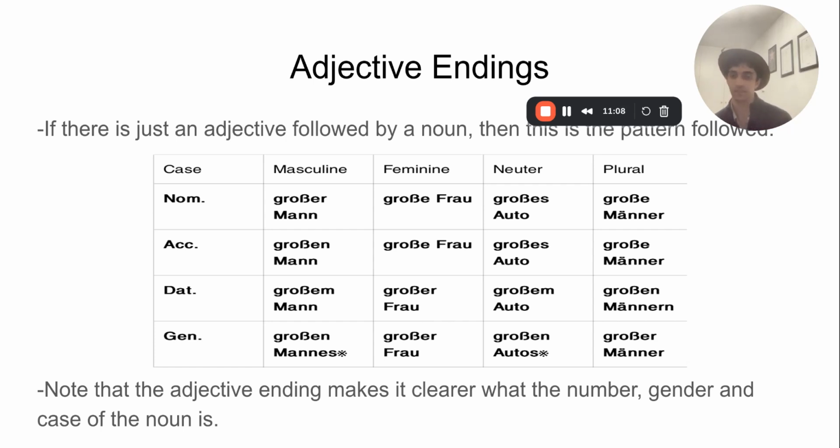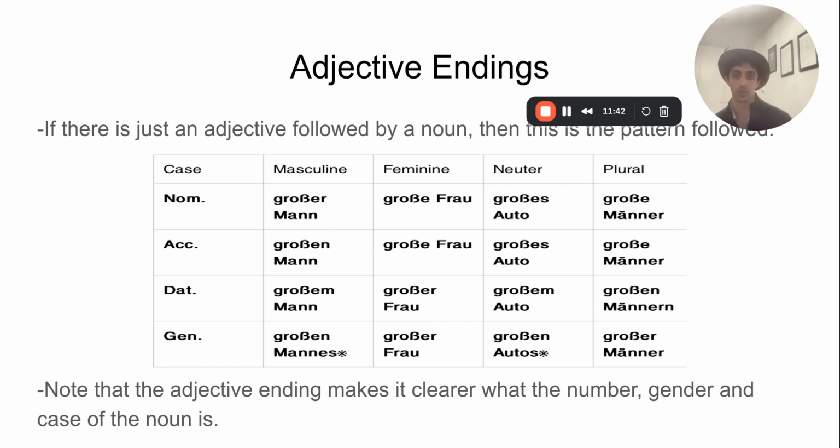And in that case, it's down to the adjective to show the gender, number, and case of the noun, or to reflect the gender, number, and case of the noun through the adjective's own ending. For example, the adjective's ending should give some information about the gender, number, or case of the noun. For example, if somebody says großer Mann, we know that it is in the masculine nominative singular, most likely through the adjective ending.